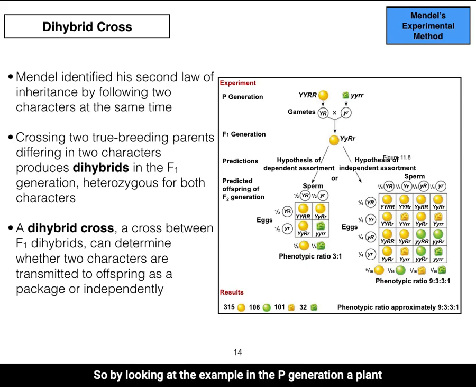So looking at the example in the pea generation, a plant dominant for yellow round seeds was crossed to a plant recessive for green wrinkled seeds. The F1 generation resulted in plants that had seeds that were heterozygote yellow and heterozygote round.